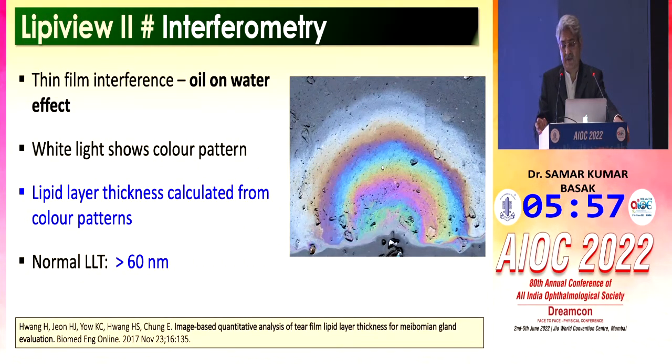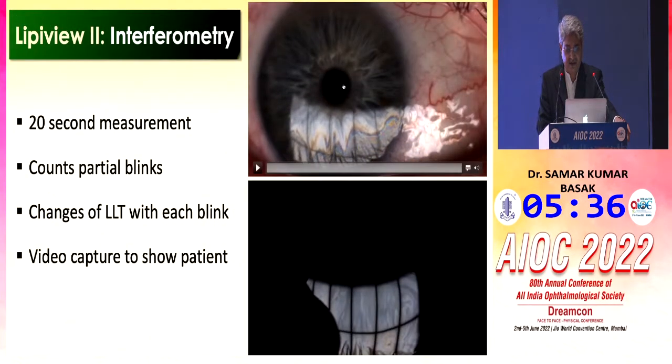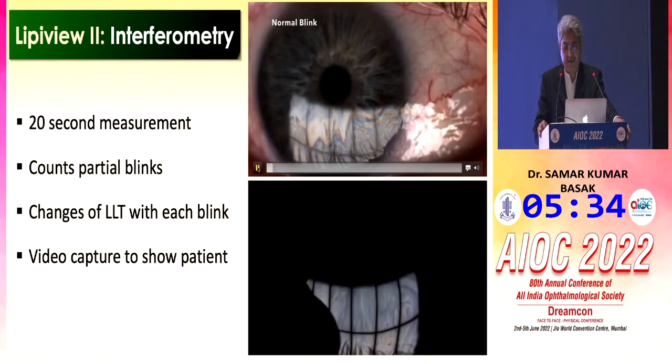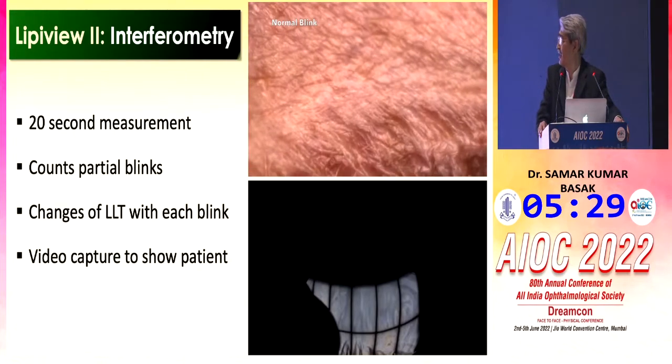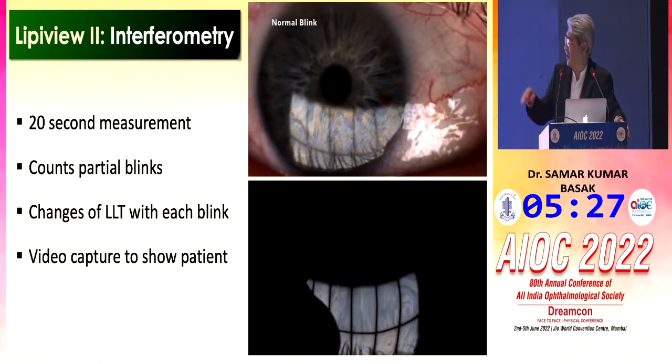Interferometry is just like an oil-in-water effect. The lid movement, the thickness and the interference pattern are used to calculate the LLT. Normal LLT is 60 nanometers. The top one shows normal movement, with an all-colored interference pattern you can look into.